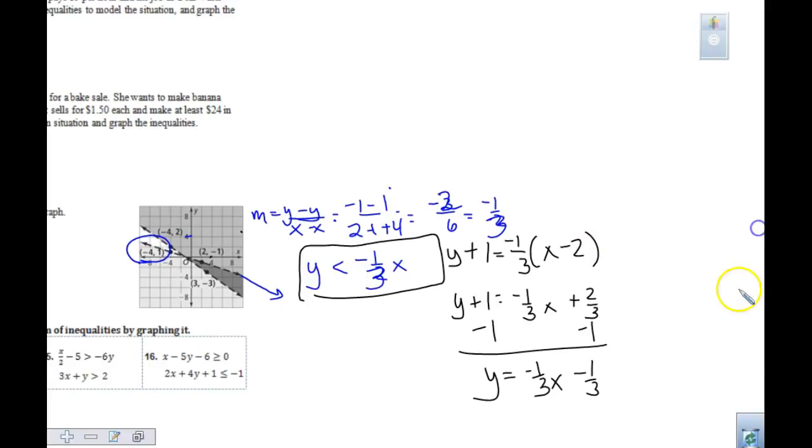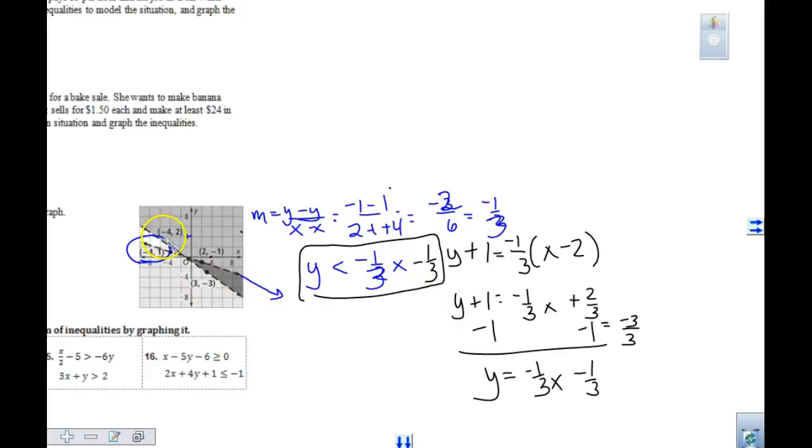This -1, that's really a -3 over 3. So -3 plus 2/3 gives me a -1/3. So the equation for this line, was everything below this line. So y is less than, it was dashed, then -1/3 x minus 1/3.